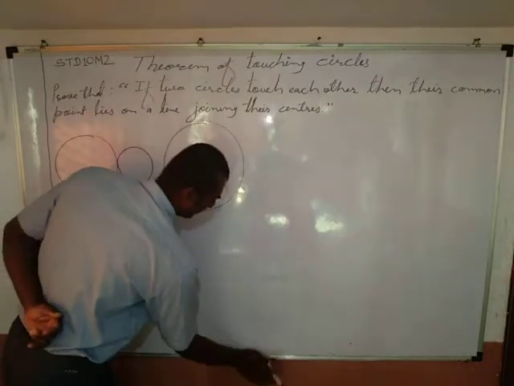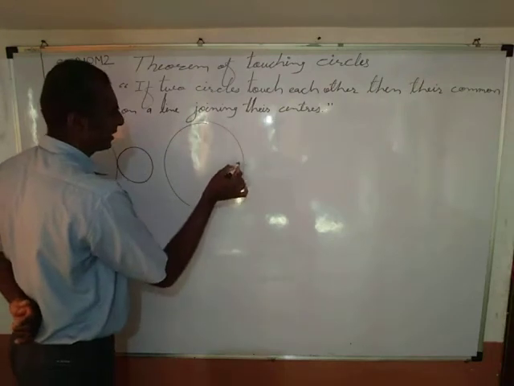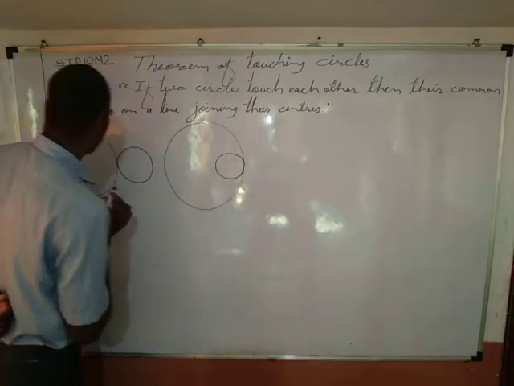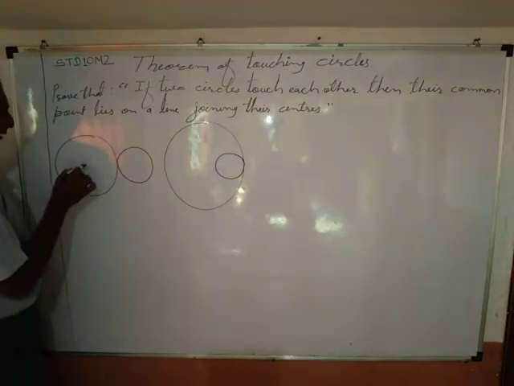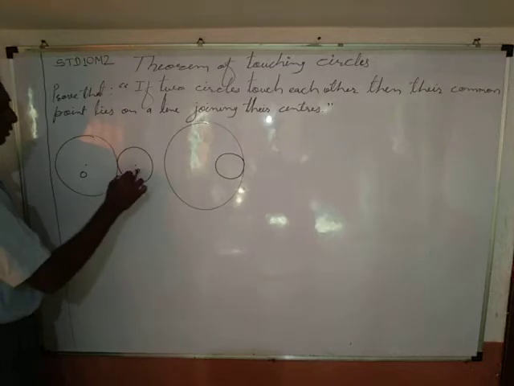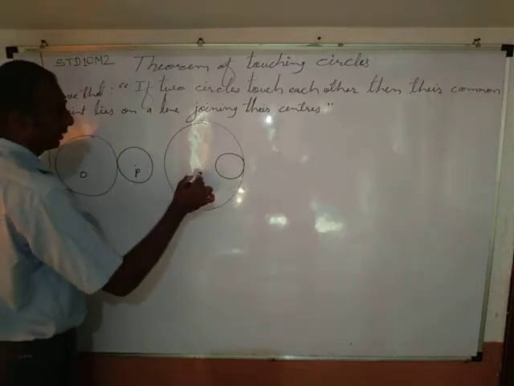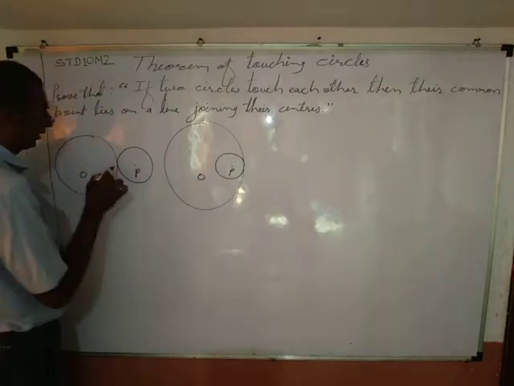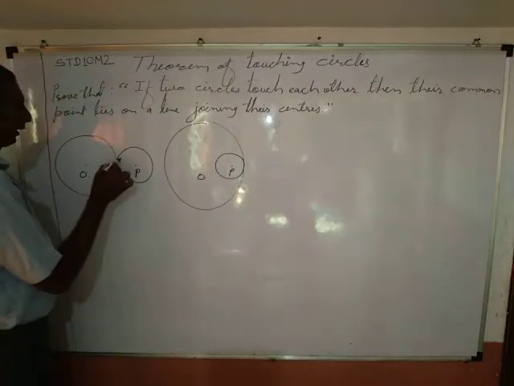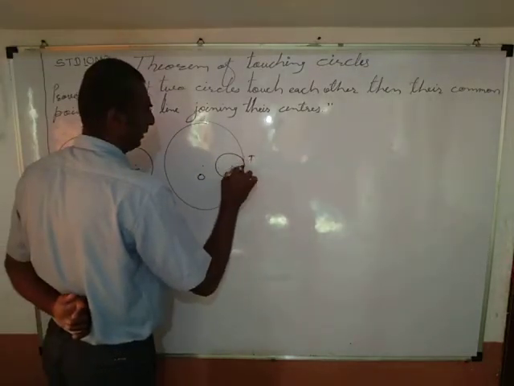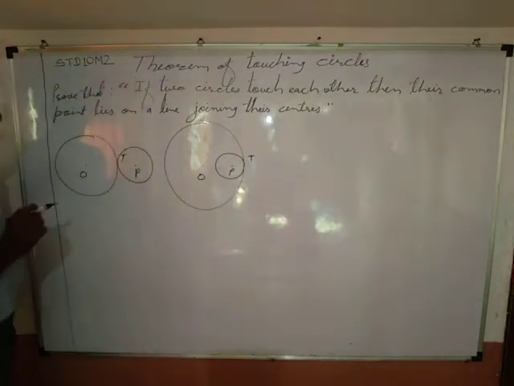One is a case of externally touching circles, while the other is a case of internally touching circles. Let us suppose that the centers of those circles be O and P. Circles with centers O and P touch each other at point T.